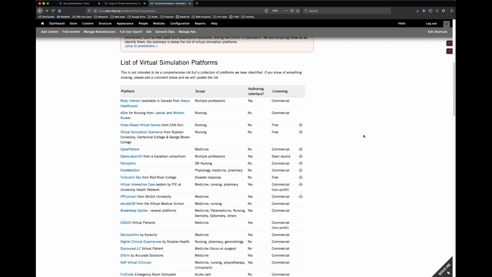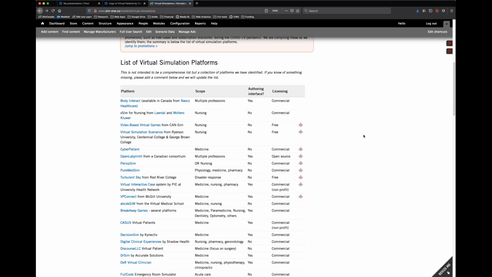Again, your decision needs to be guided based on what your educational objectives are that you want to achieve for your learners. What kind of resources do you have in terms of finances to potentially license an existing off-the-shelf package that would come with cases, versus how well do those cases line up with your teaching needs? Would it be better to take more of an open source platform or one that has an authoring interface, and that would allow you to build your own cases or work with faculty to build your own cases?